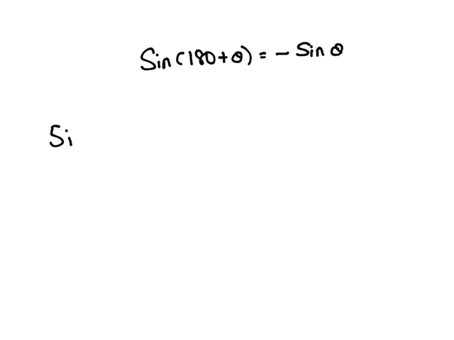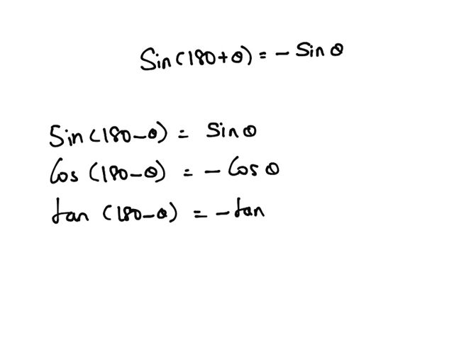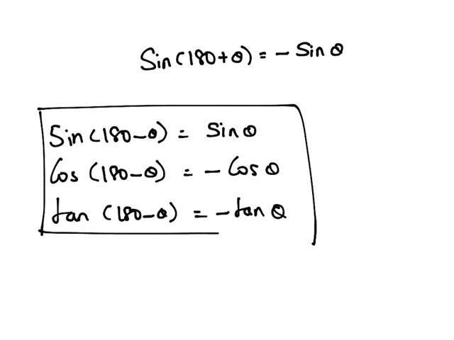Sine of 180 minus theta equals sine theta, and cosine of 180 minus theta is minus cos theta, and tan of 180 minus theta equals minus tan theta. Okay, this is very, very important, so please keep this in mind.